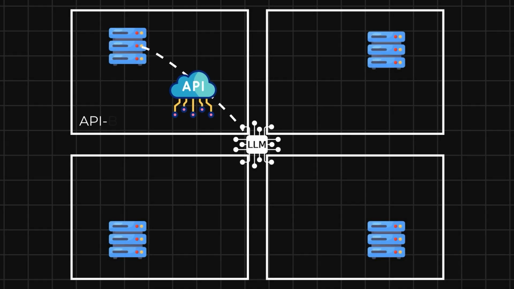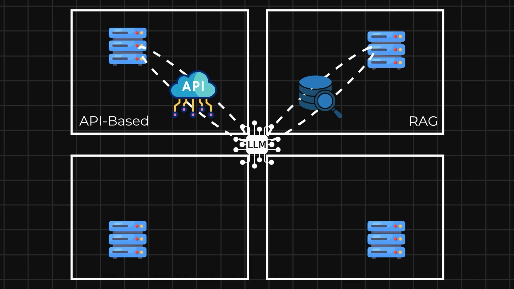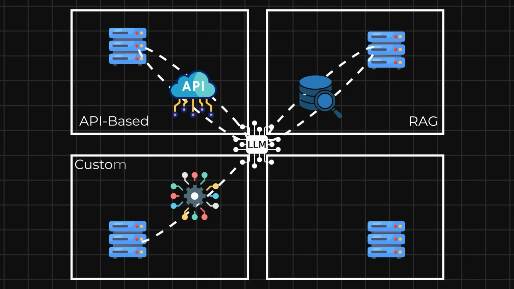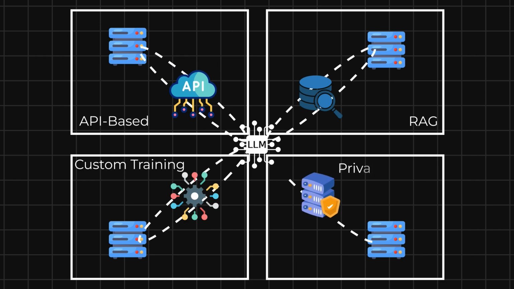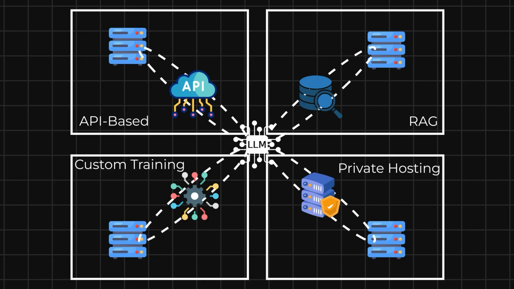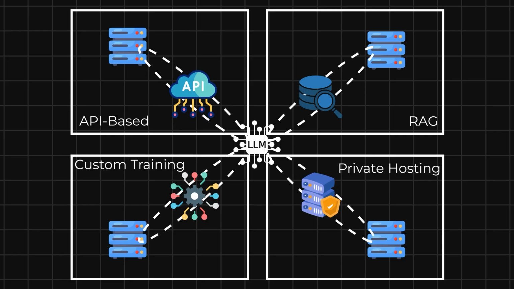The first one is API-based consumption, and the second one is RAG-based deployment, which stands for Retrieval Augmented Generation. The third one is by customizing and training an existing model or LLM. And the fourth one is by private hosting of an LLM or AI model.